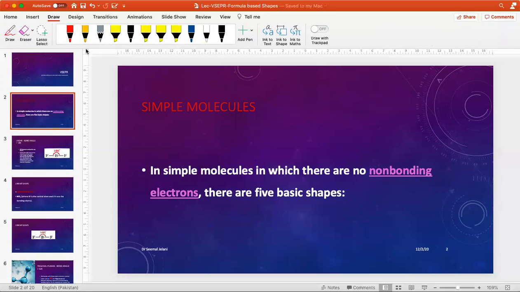Now we are going to see these five basic shapes when there is no lone pair. For example, methane, CH4, has no lone pair. Ammonia has 1 lone pair. Water has 2 lone pairs.